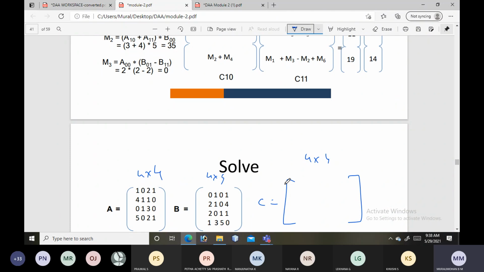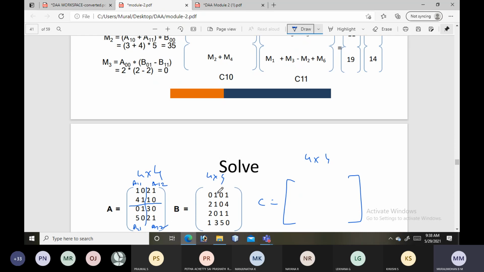Okay. So now what you will do, since it is a 4 cross 4, the problem size is large. So we will divide that, right? When you divide, you will get it like this. This is A11, this is A12 and this is A21, it is A22.